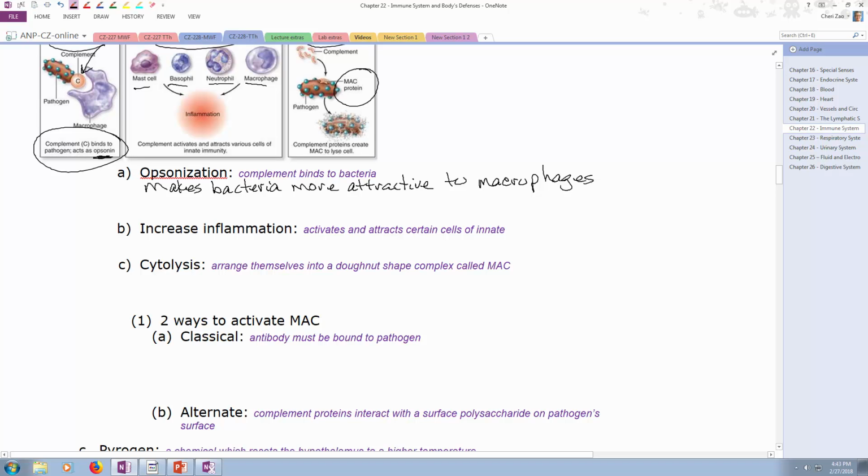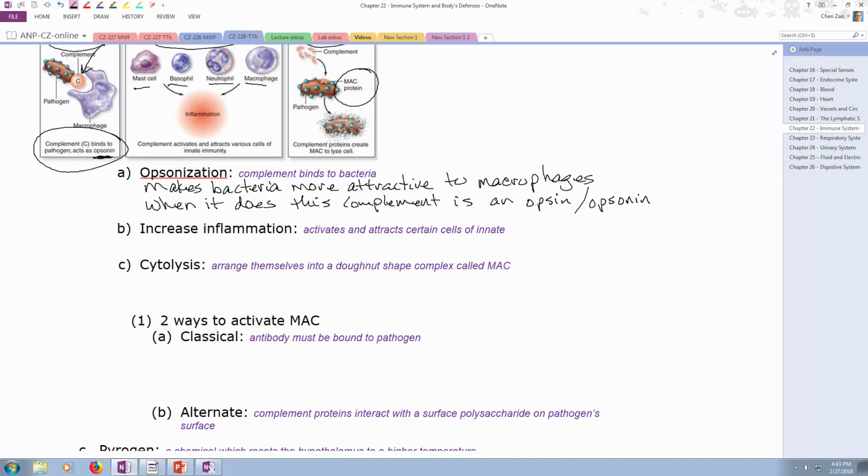When it does this, complement is called an opsonin. In our notes, the picture also calls it opsonin.